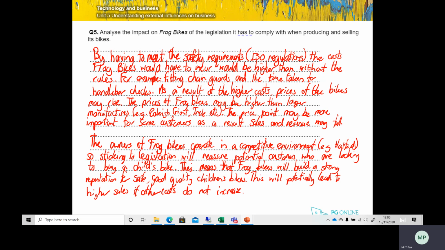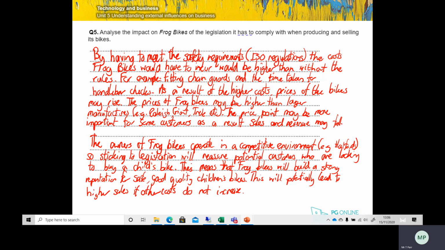Apologies for the terrible handwriting. It is shocking, but I'm still getting used to my little pen. Again, it is just expanding those points, thinking about increasing revenue or sales or brand awareness or customer satisfaction by adhering to the legislation to ensure that the bikes are safe.